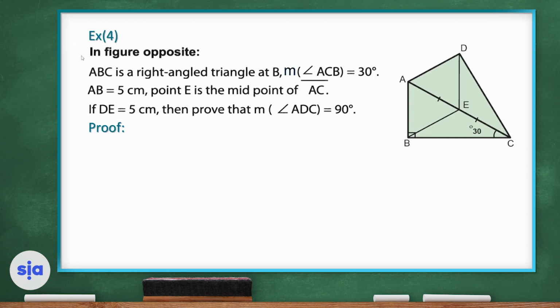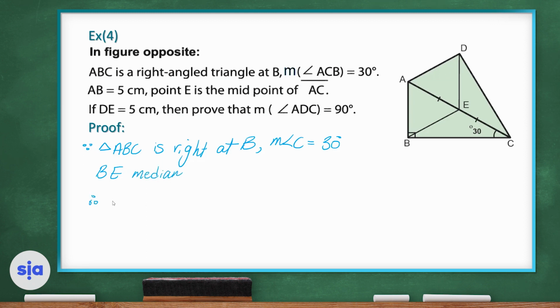So we're going to say that since triangle ABC is right at B and measure of angle C is equal to 30 degrees, BE is a median, therefore BE is half the AC, and AC is twice the AB, so AC is equal to 10.